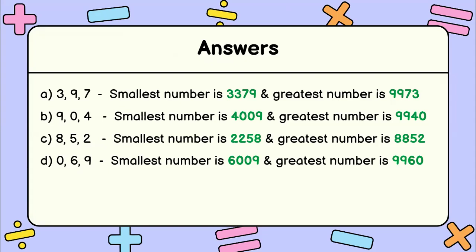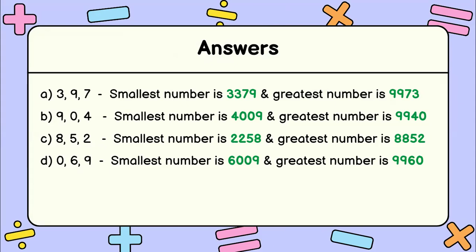So see here, 3 is the smallest in 3, 9, and 7, right? So, the smallest number will, of course, have 3 repeated twice at the beginning and then 7, then the largest, 9.